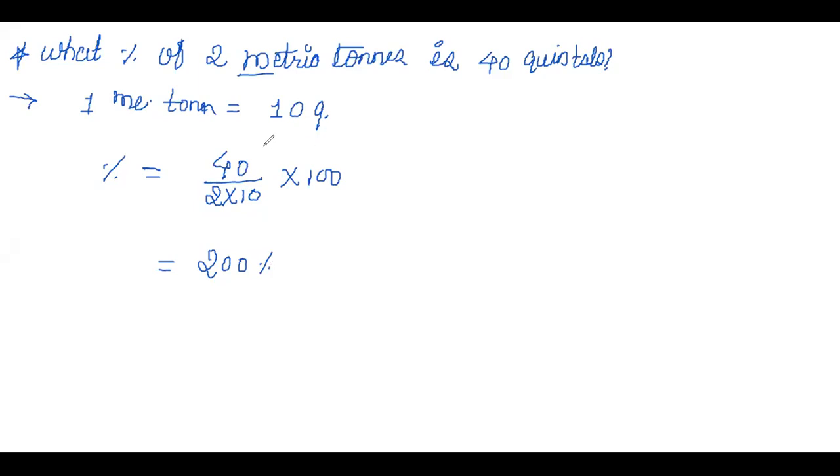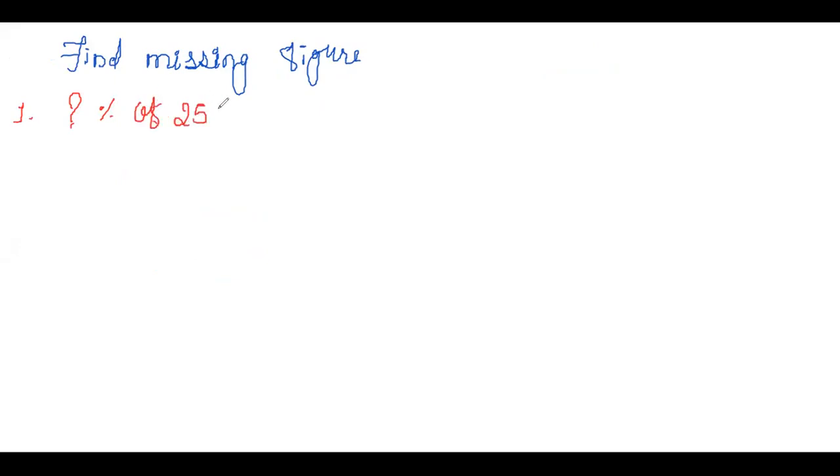Now let us find the missing terms, the missing figure. So find the missing figure. What percent of 25 is equal to 2.125? Means x% of 25 is equal to 2.125.